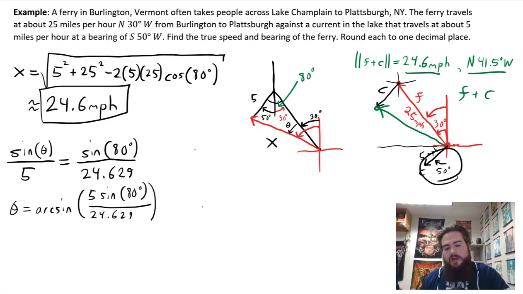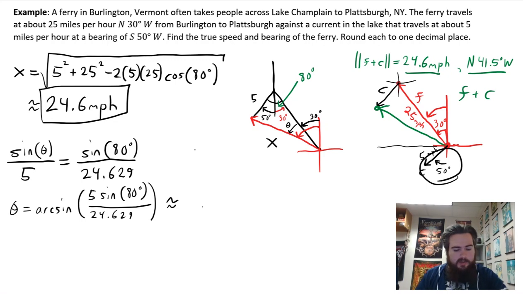And from my picture, I do expect a very small acute angle measure, so I don't need to worry about ambiguity here. I should be able to approximate this using a calculator and get the angle measure inside the triangle, which will allow me to find the bearing.